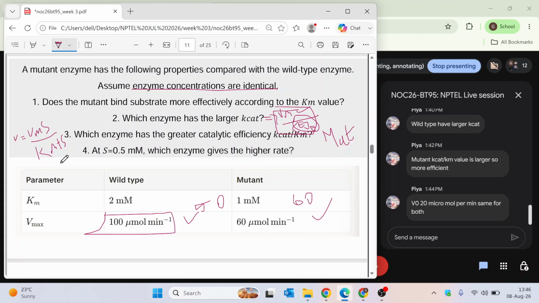So at a substrate concentration of 0.5 millimoles, both the enzymes are going to show a similar rate, which is 20 micromoles per minute. Is it clear?